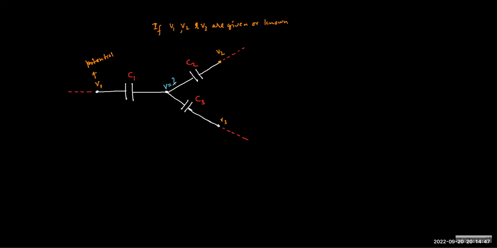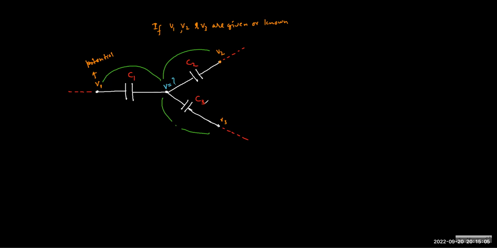We need to find this potential of the junction, right? Potential, not the voltage difference. The difference we will calculate later on using these two values. Understood? And after calculating the difference, we can find the charge also.